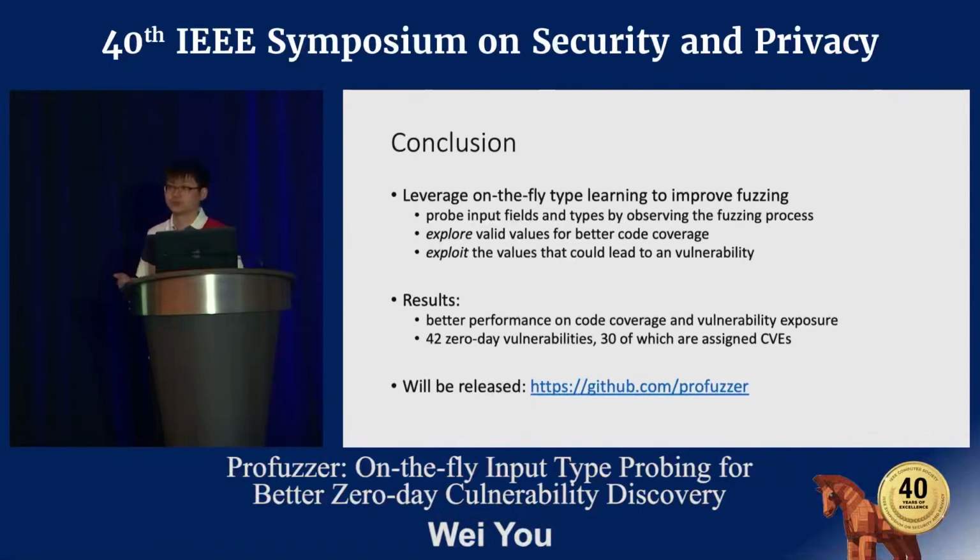And the other aspect is that we focus more effort on mutation with valid values. So for example, for the enumeration field, we only mutate with the valid values that will make the program move forward, and we don't mutate with invalid values that will cause the program to terminate immediately.